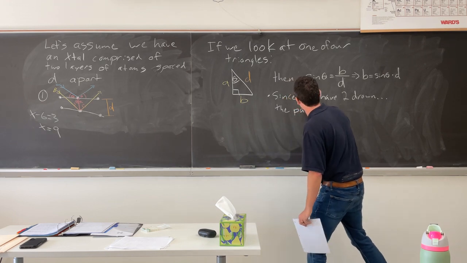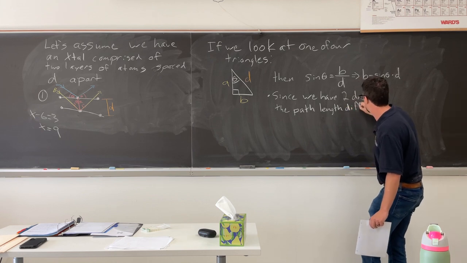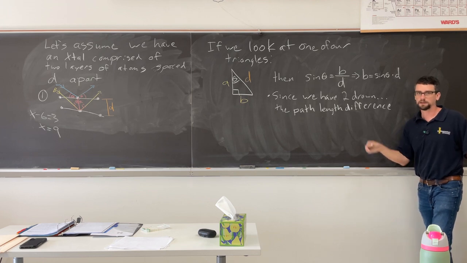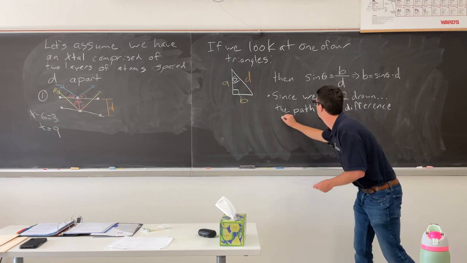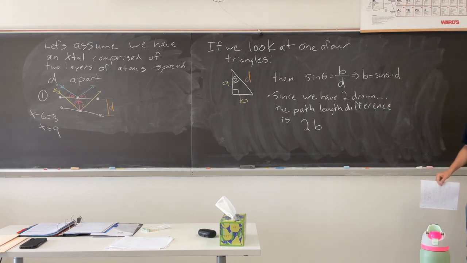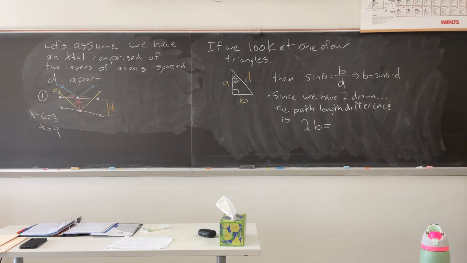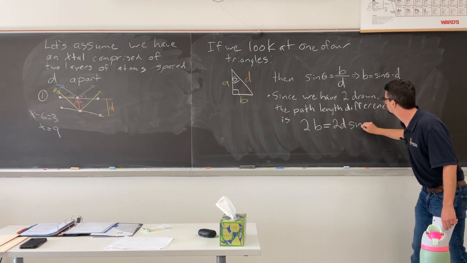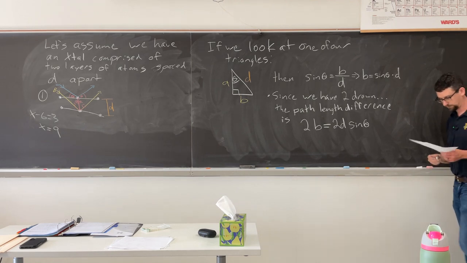The path length difference. Do you get what I mean when I say path length difference? Basically the difference that the radiation has traveled is 2B. What else is this also equal to? Yep. Hey, we have half of the Bragg law right now. Great.